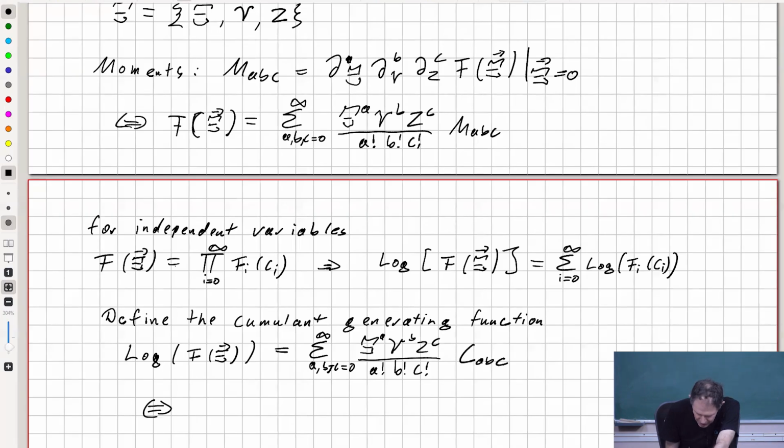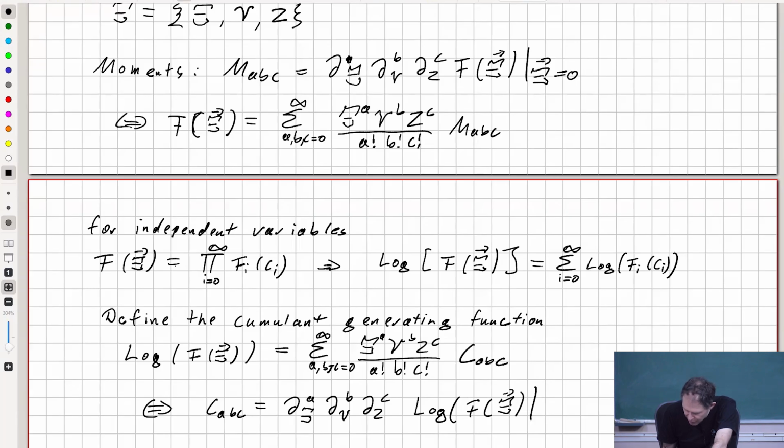This can equally be written as c_abc, the derivatives in xi, epsilon and zeta of the logarithm of the moment generating function evaluated at frequency 0.